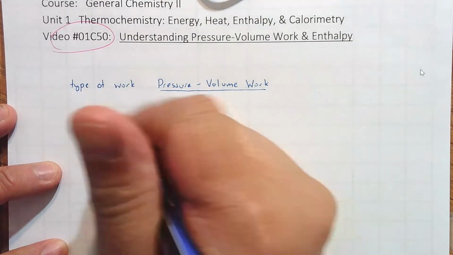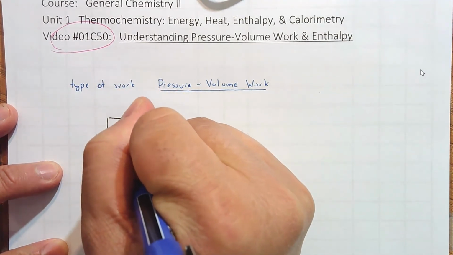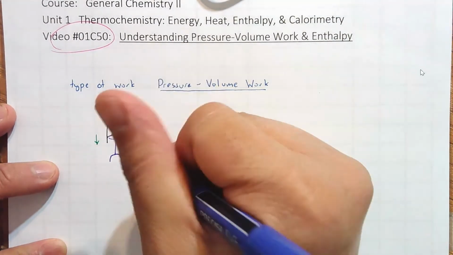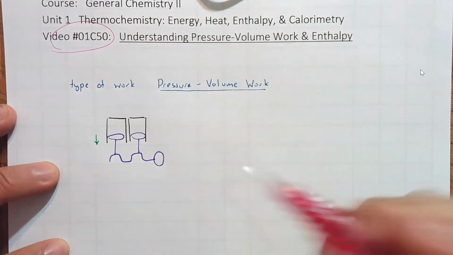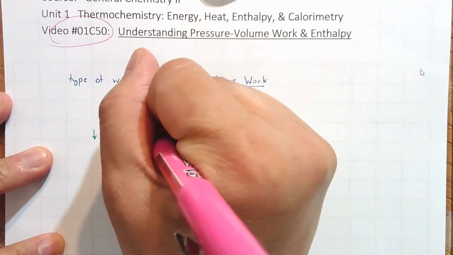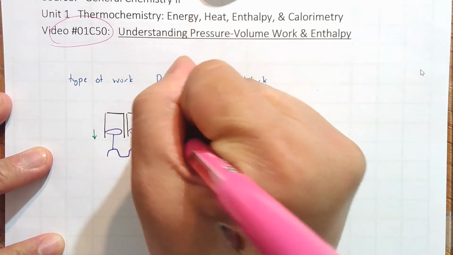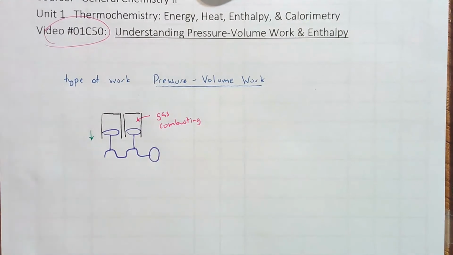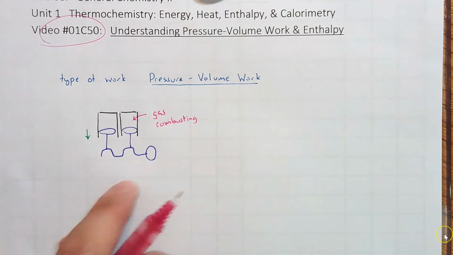That piston is connected to a crankshaft, like this. So as this goes up and down, you're going to turn some gears. So what's causing this work? What's causing the piston to go down is a gas combusting. A little explosion. The gas expands, pushes the piston down, and you start to crank the shaft.